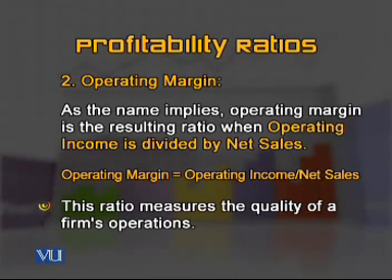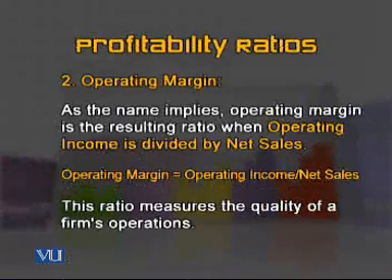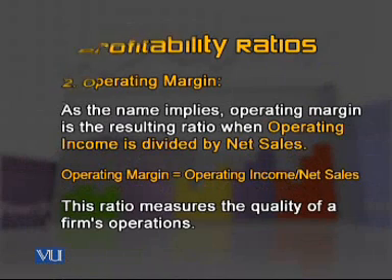This ratio measures the quality of a firm's operations, the strength of the operations of the company, how good a company is operating on a year-to-year basis, and whether it's making more operating profits than in previous years or not. This you will know through operating margins. So, in operating margins, we would know about operating qualities of a company.